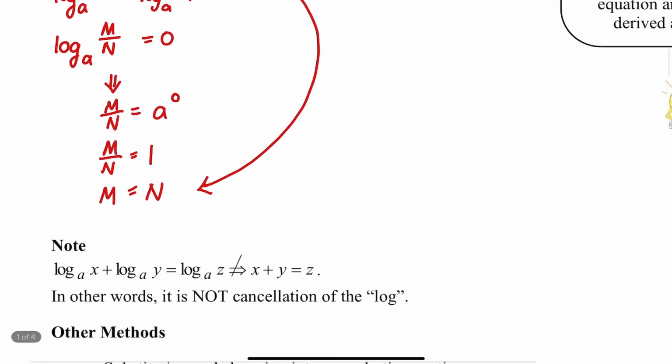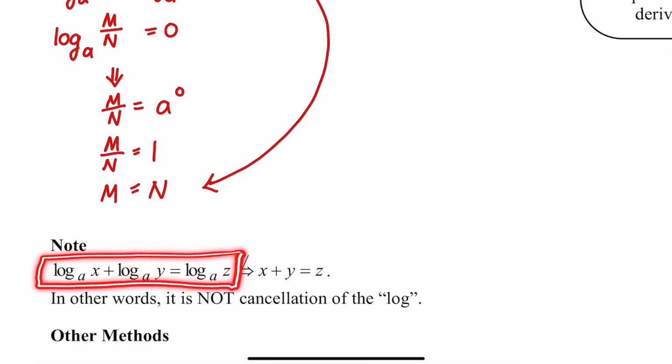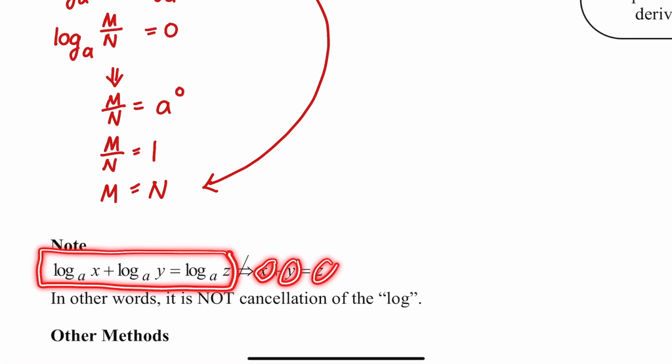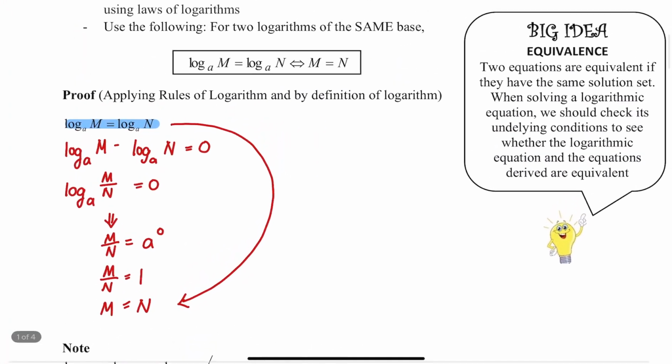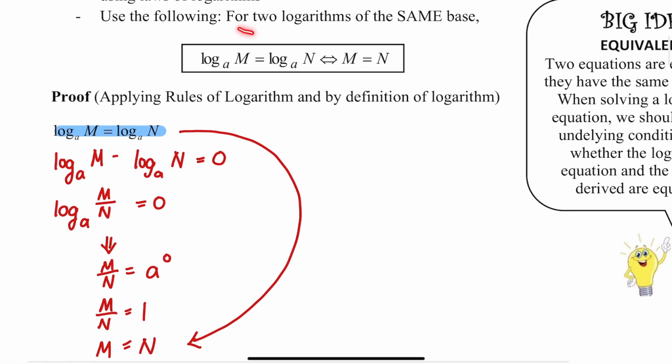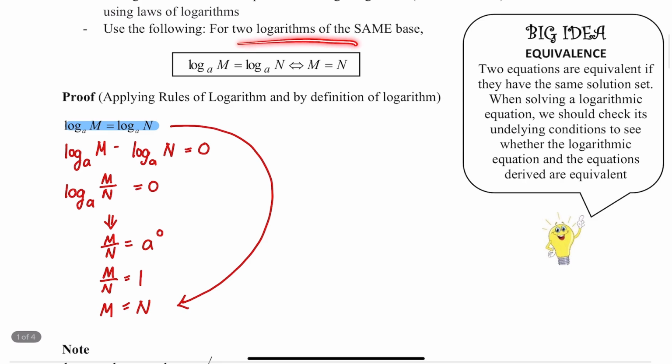If you think of it as cancelling, you will make careless mistakes, because if you note this equation over here, log base a of x plus log base a of y equals log base a of z, it doesn't make sense to cancel a log like this, because this equation is not equivalent to x plus y equals z. Remember, it is not the cancellation of log, but you must first ensure that on the left side and right side of the equation, there is only one log function. Then you can apply this property over here.